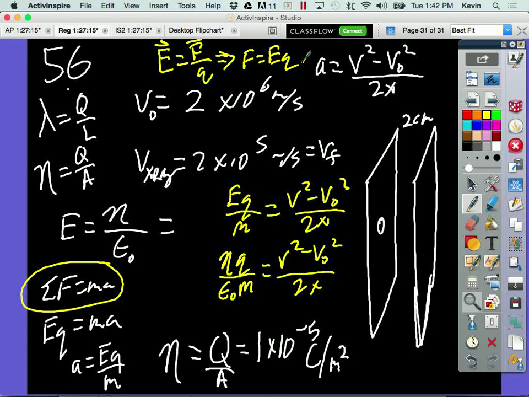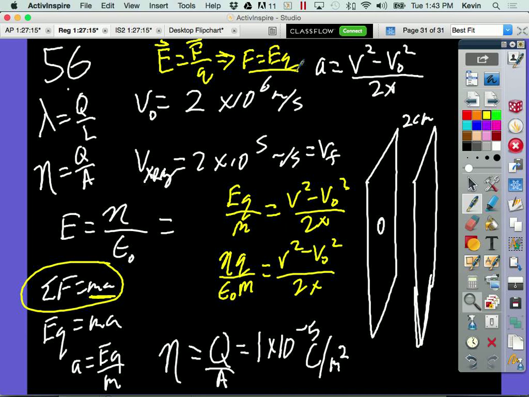You see that? Because the result on this particle is some acceleration, so the sum of the forces on the particle is MA. What is the only force? The only force is F_E, the force of the electric field, which is EQ. And so EQ is MA. I just said the sum of the forces on the object.